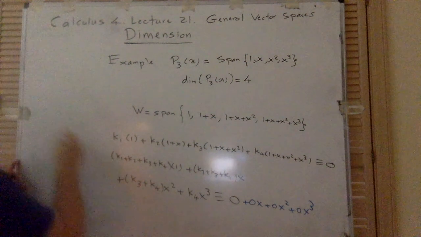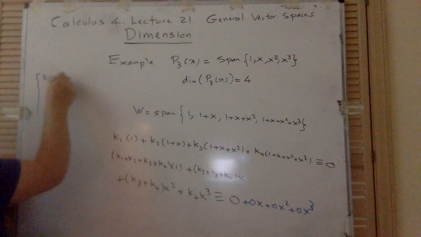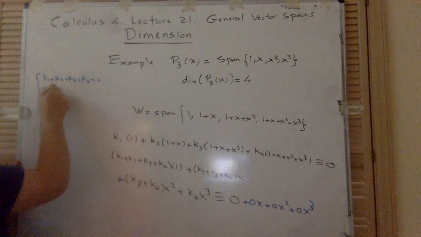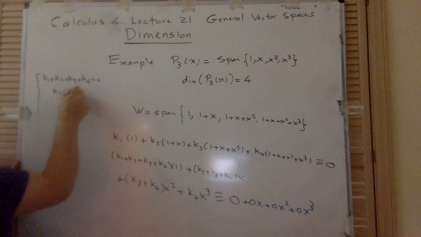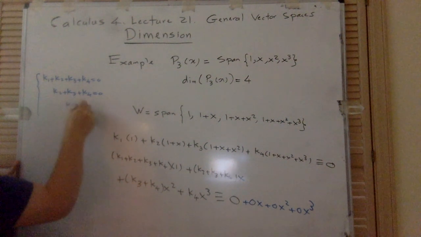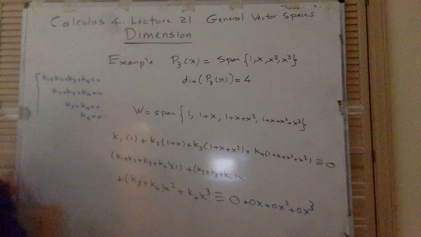So if I write them here, I have k1 plus k2 plus k3 plus k4 is 0. I have k2 plus k3 plus k4 is 0, k3 plus k4 is 0, and k4 is 0, right?